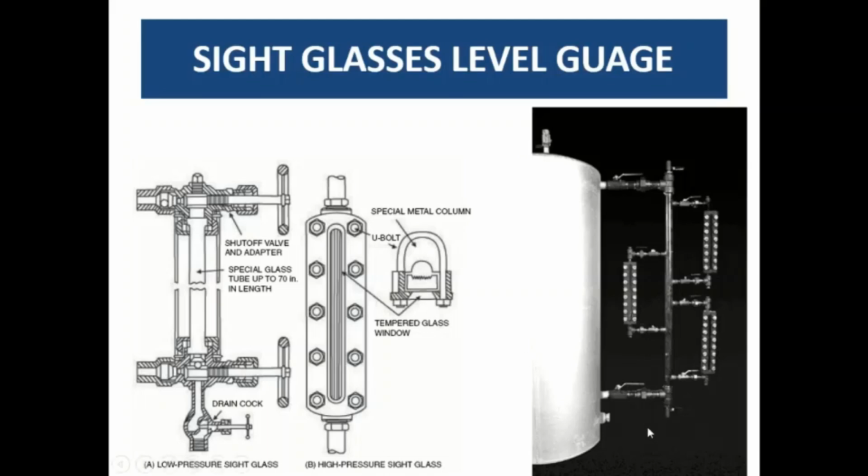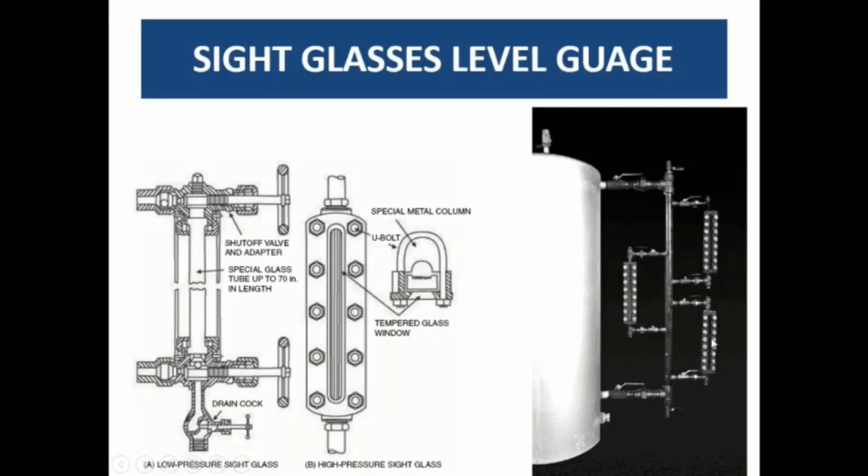On the other hand, this type of level gauge, we normally calculate or give the reading in the form of bolts. If you can see here, this is bolt 0, then 1, 2, 3, 4.